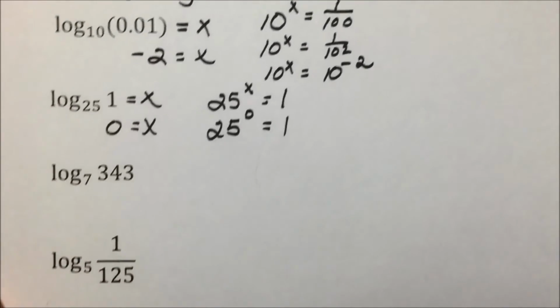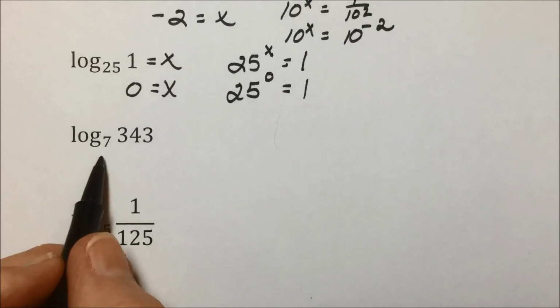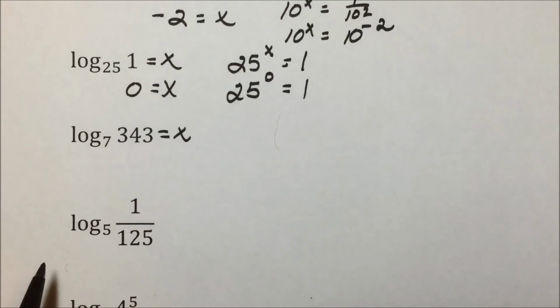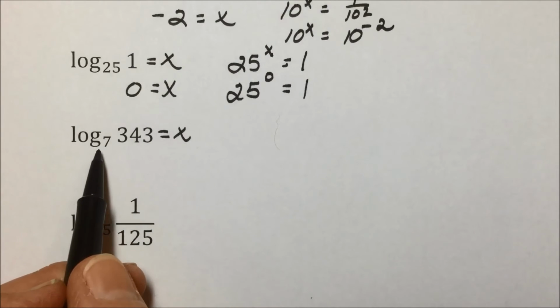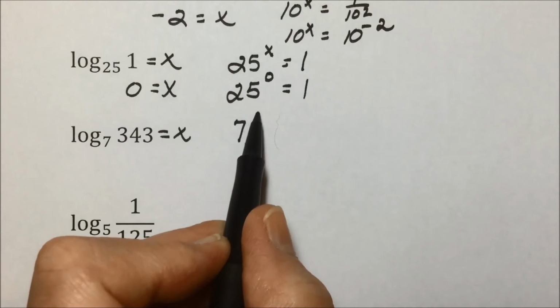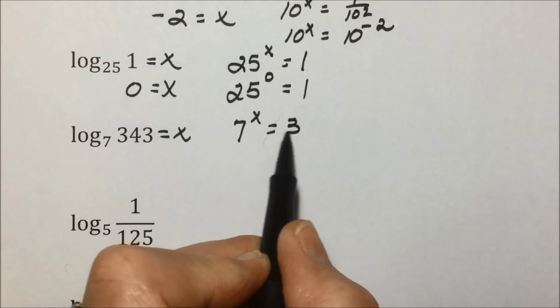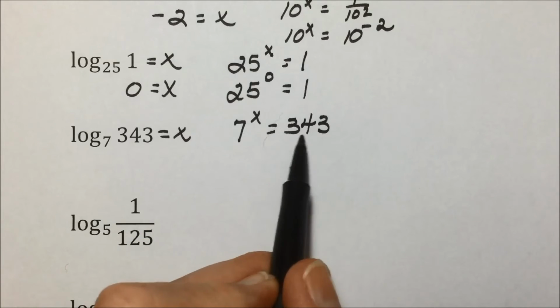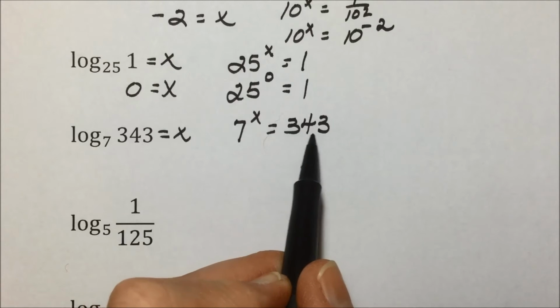In the next problem, we have log base 7 of 343. We'll set it equal to our unknown. We'll translate it from logarithmic to the equivalent exponential form. So 7 to what power is equal to 343? It's a good guess that 7 is a factor of 343.